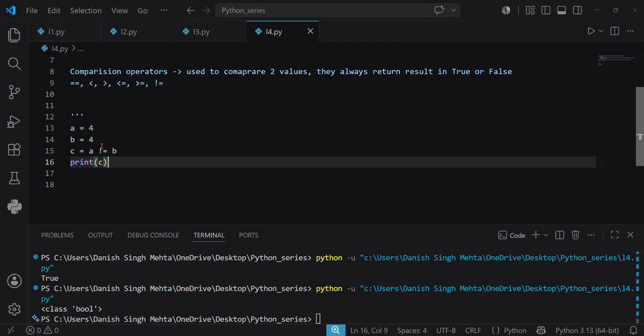But we can see that A is 4, B is 4, they are equal. So this expression becomes false. So you can see the result is false, because A and B are equal, but we are saying that A and B are not equal.